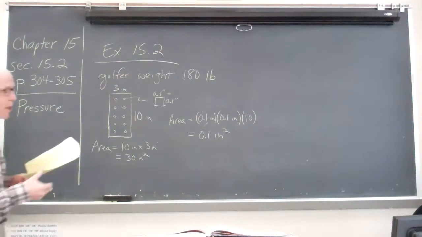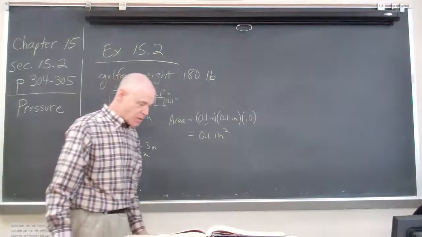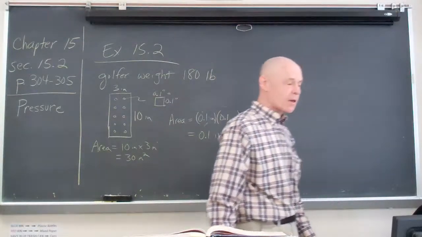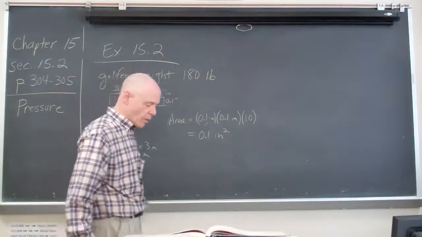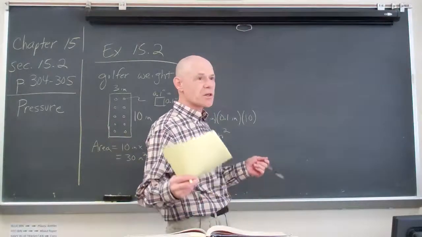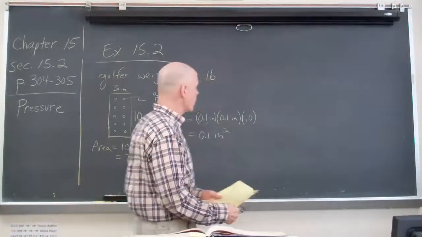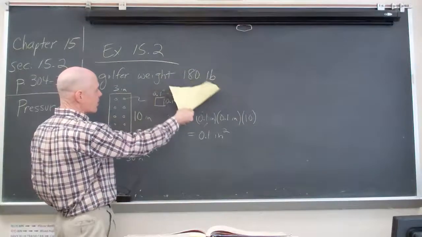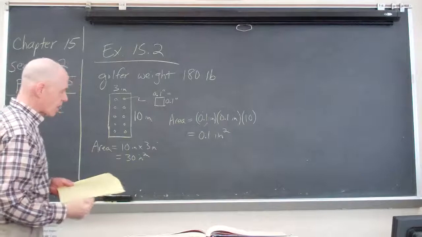The other assumption we're going to make is that as the golfer is walking on the floor, when you put one foot down and lift the other foot up, there is a moment in which all of your weight is going down through one foot. So there's a moment when all of the 180 pounds is being transmitted through this area, which is only 1/10 of a square inch.